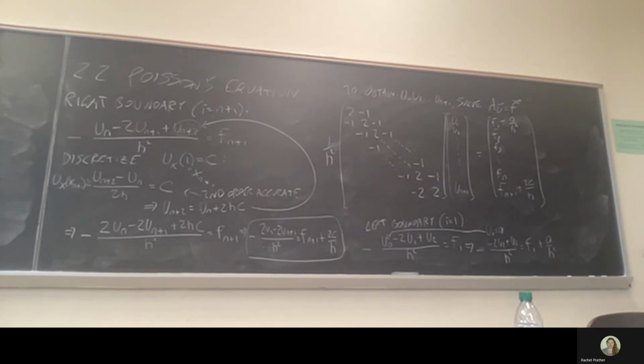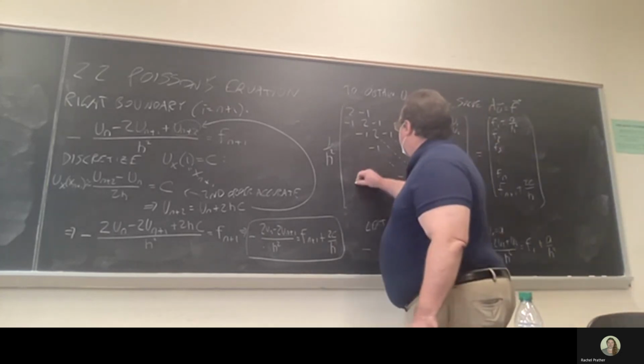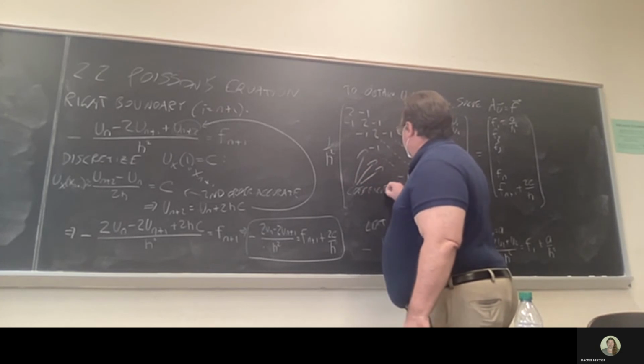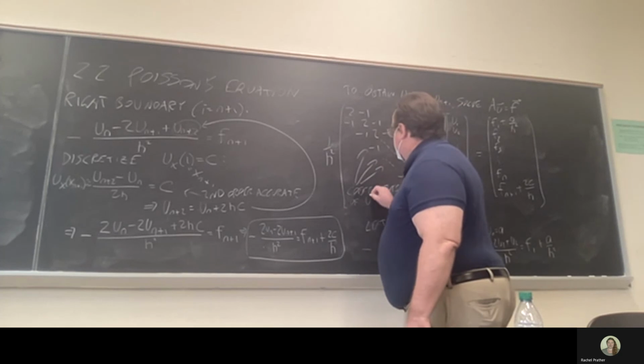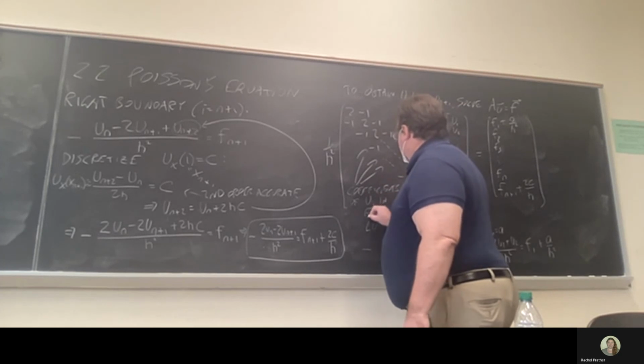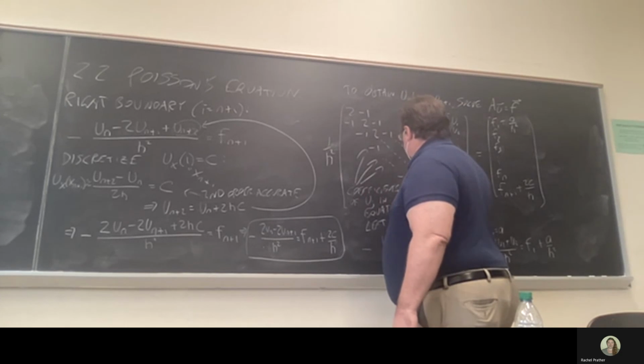Okay, and now we have a system of equations. Any questions about that? Okay. So all these entries are the coefficients of u_j in equation i.